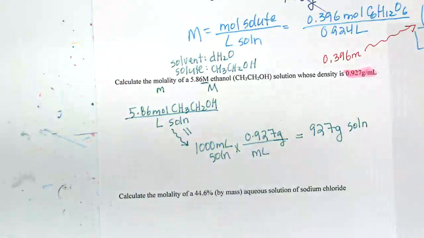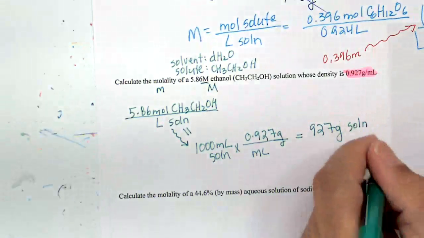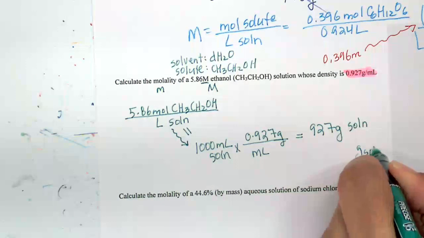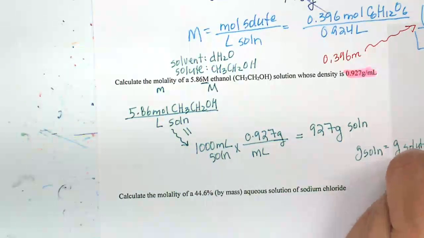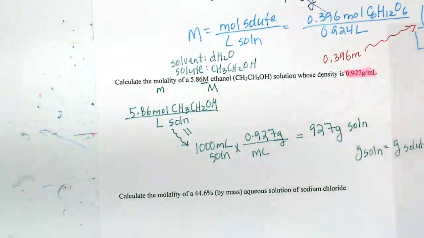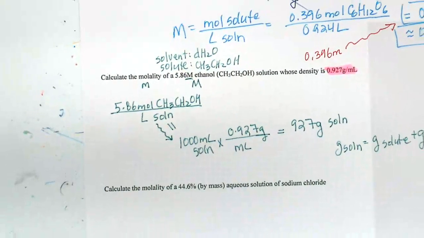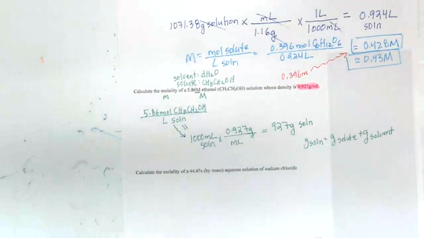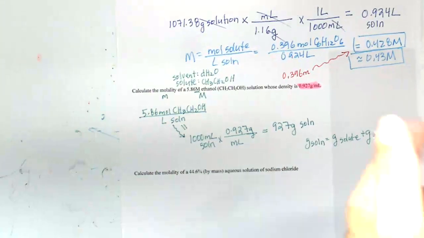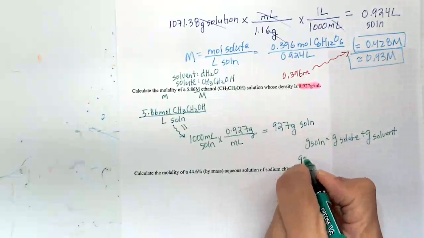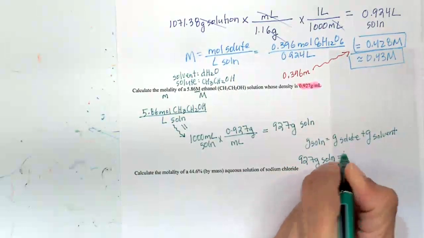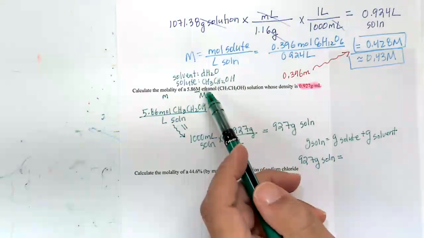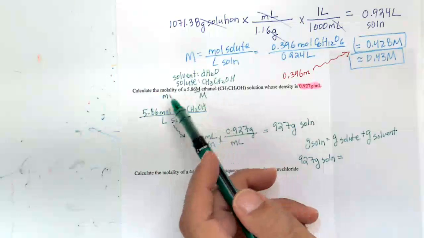What are its two components? Solute and solvent. So the grams of solution is equal to the grams of solute plus the grams of solvent. What have we calculated already? We have calculated the grams of solution, which is 927.